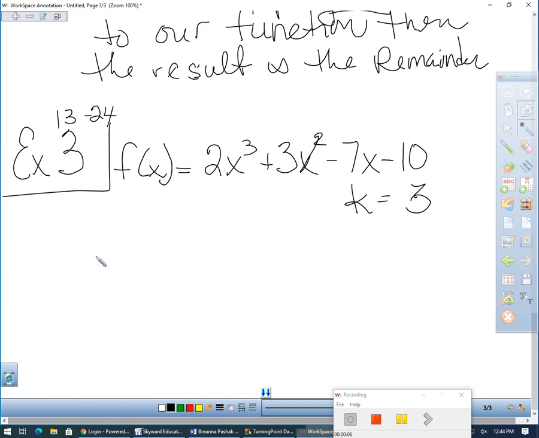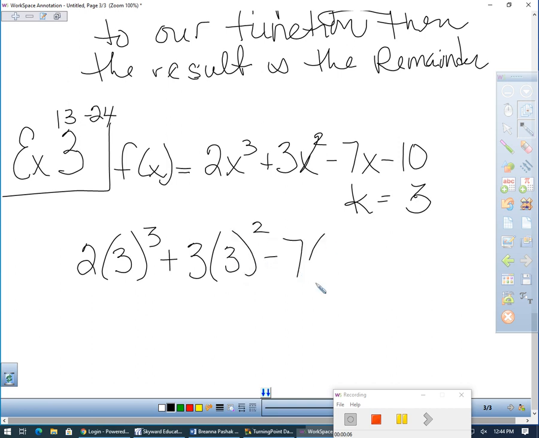So that's what we're going to do. I'm going to plug in 3. I have 2 times 3 to the third plus 3 times 3 squared minus 7 times 3 minus 10. All right, grab your calculators.